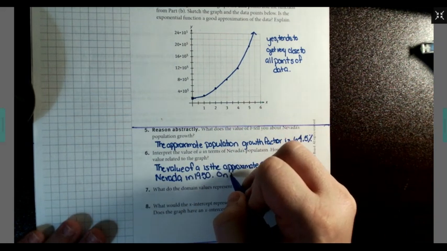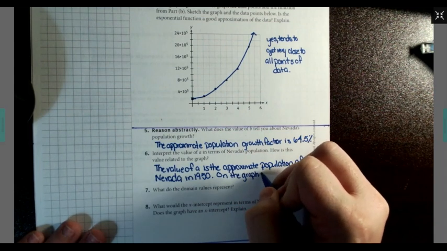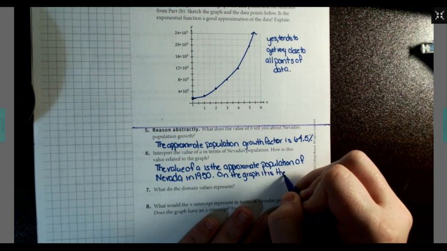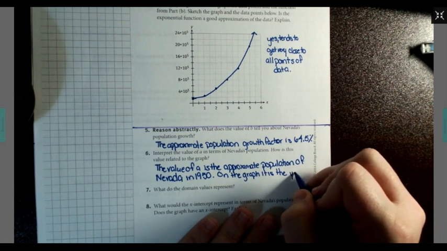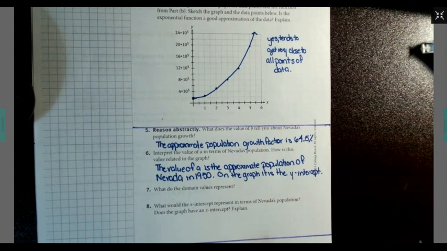On the graph, it is the y-intercept. What do the domain values represent?